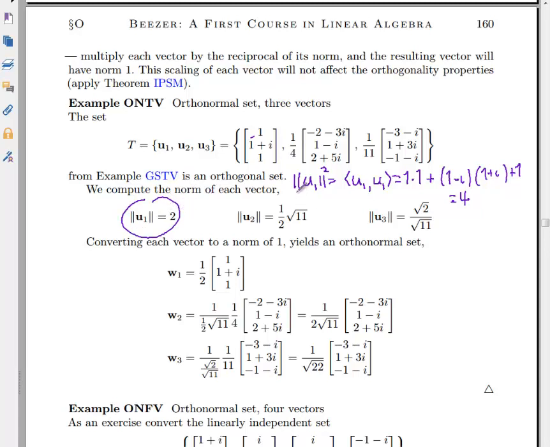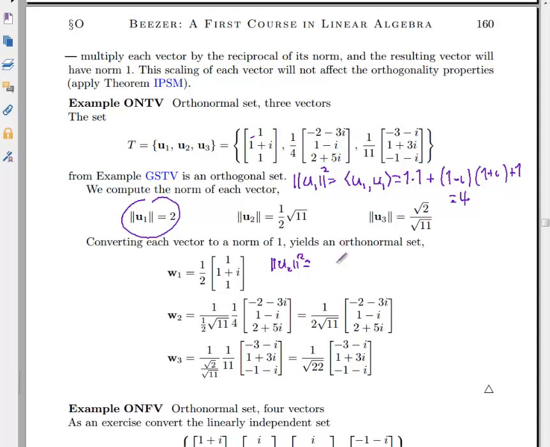Let me do one more example of a norm. If you do this one here, the norm of u2, well, I'm going to do the norm of u2 squared, so I have to do the inner product.